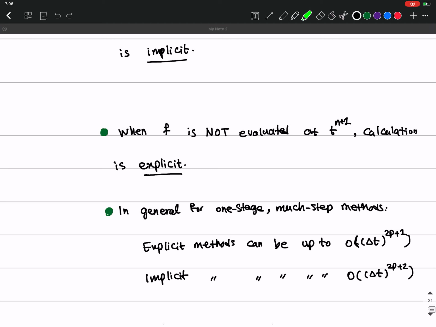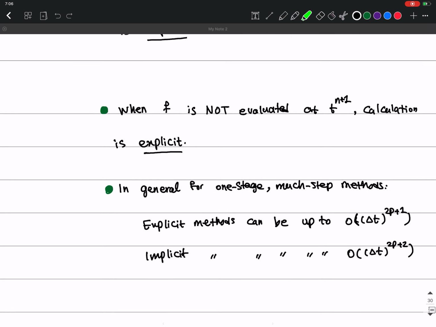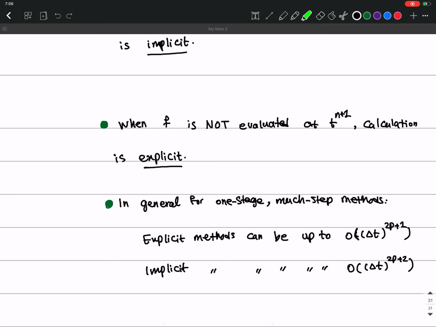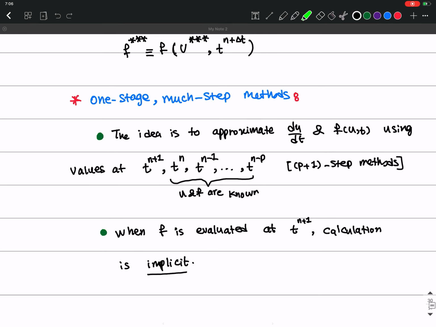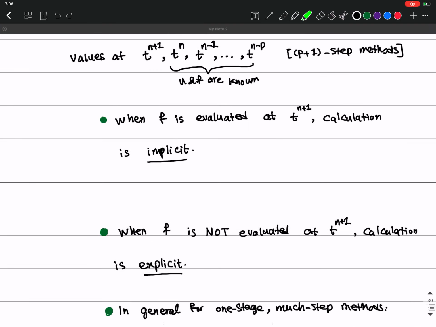And in general, explicit methods can be up to order delta t to the 2p plus 1 accurate, where p is the number of steps that you have. For example, if you have a one step method, p is going to be 0.